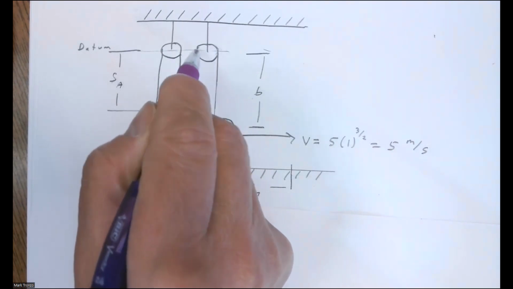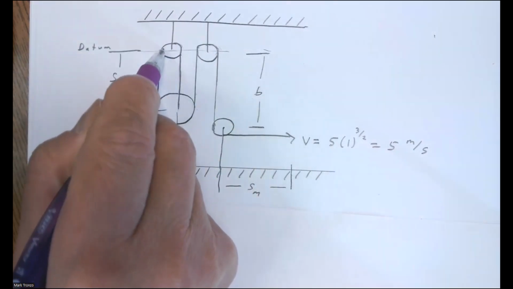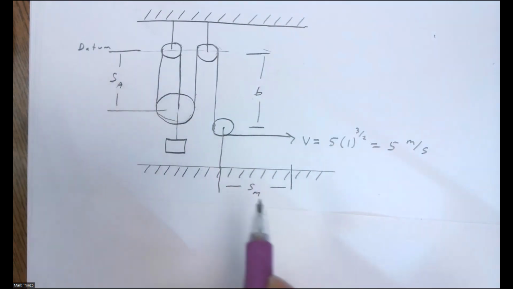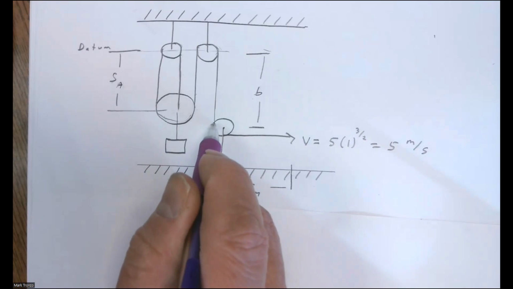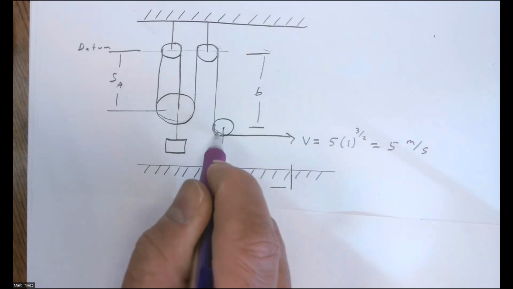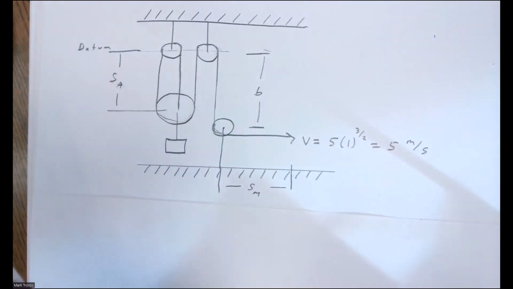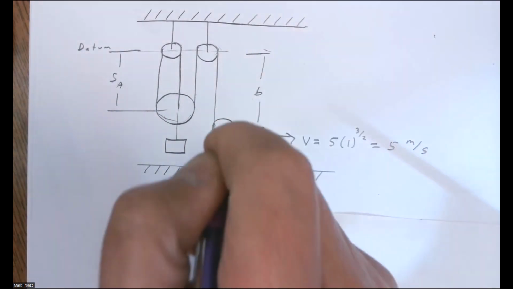There's always going to be that amount around the outside of the pulley. Same thing here. We can ignore this half down here, and we can ignore this little piece over here. And now we can call this B, because it's just going to be constant.